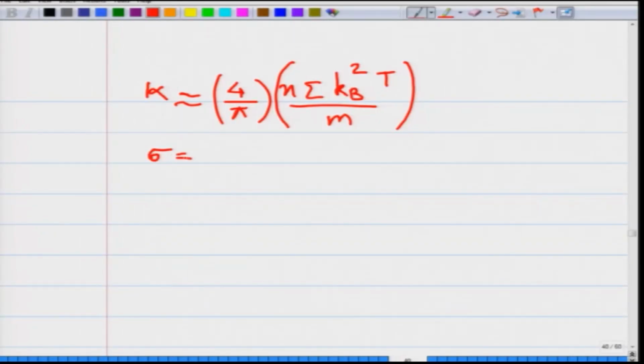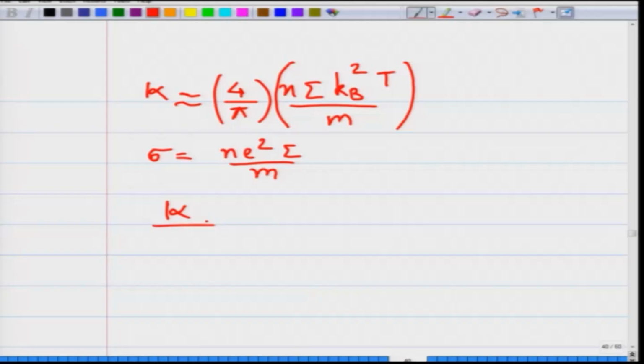You have thermal conductivity, which is related to the transport of energy or momentum, and you have electrical conductivity, which is related to the transport of charges. And if you recall, the Drude's theory has an expression for the electrical conductivity, which is Ne square tau divided by m, and are the two in some way connected? I mean, they have to be connected because both of them have the electrons as the charge carriers or the momentum carriers. It is the electron which is transporting charge, and it is the electron also which is transporting momentum.